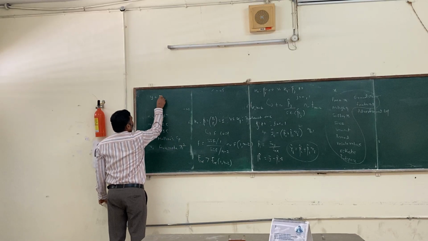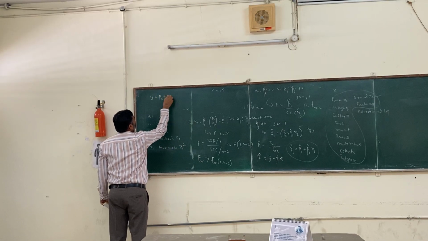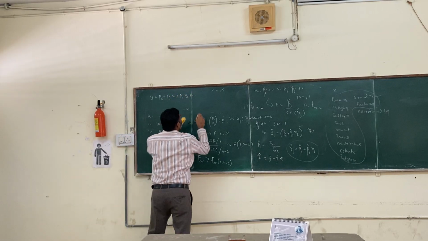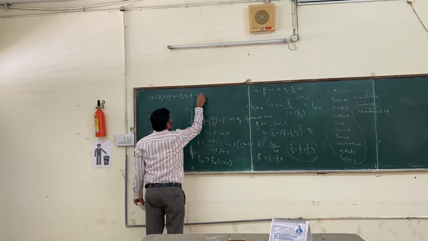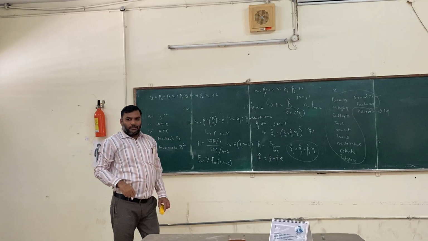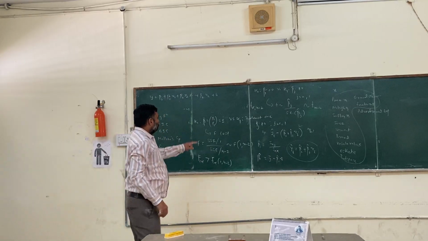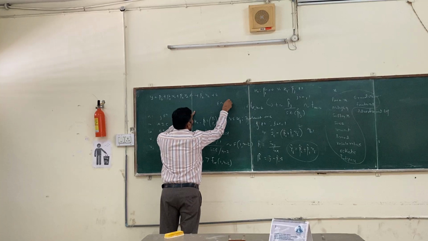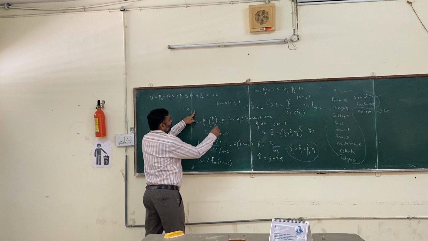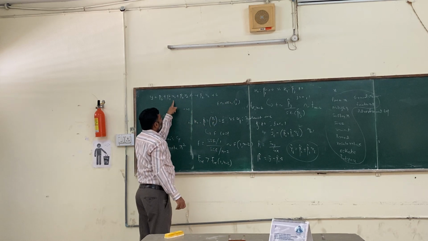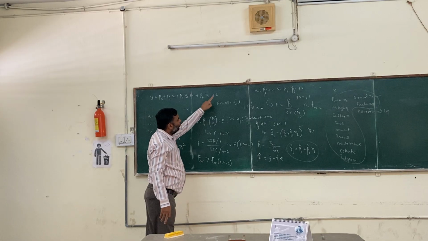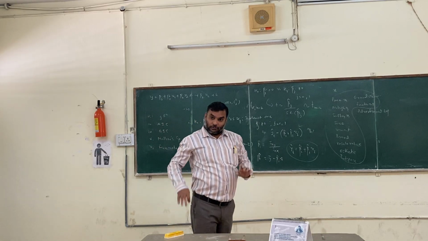The model is defined as Y equals beta 0 plus beta 1 x1 plus beta 2 x2 up to, let us say I have k regressors, beta k xk plus epsilon. The epsilon is normally independent with mean 0 and variance sigma square. Another assumption is that x1, x2, xk are independent, and further these x1, x2, xk are also independent of this epsilon. So these are the assumptions.